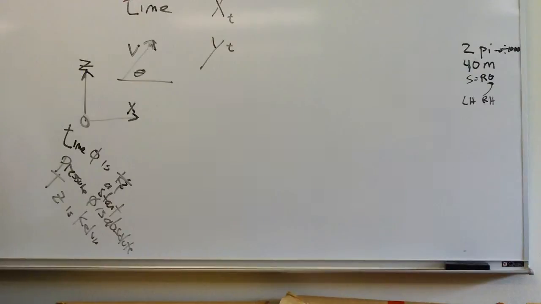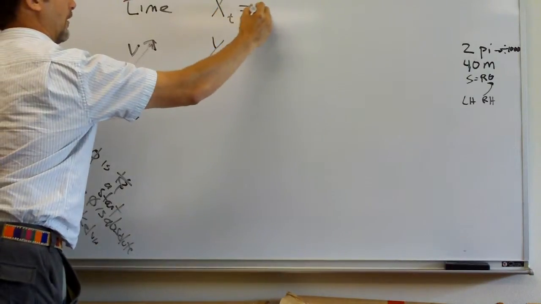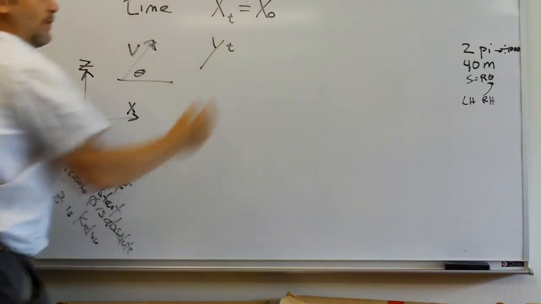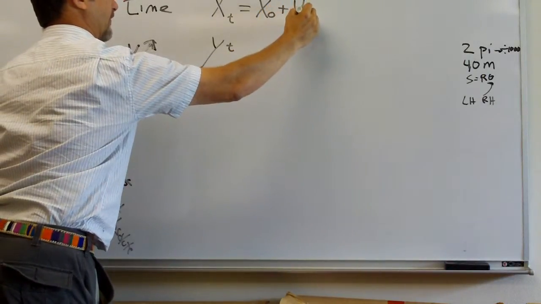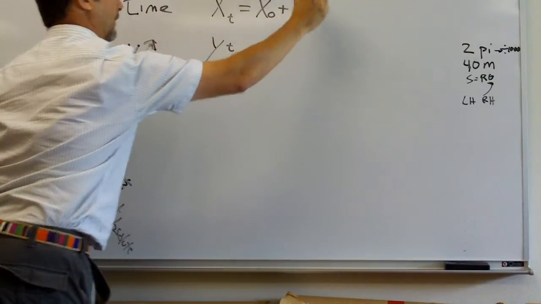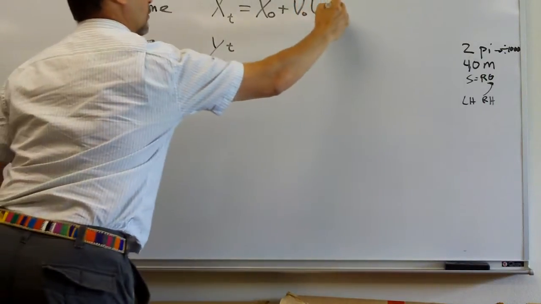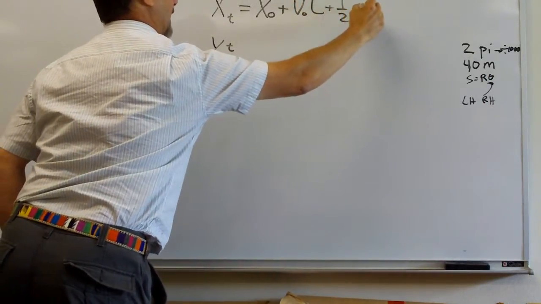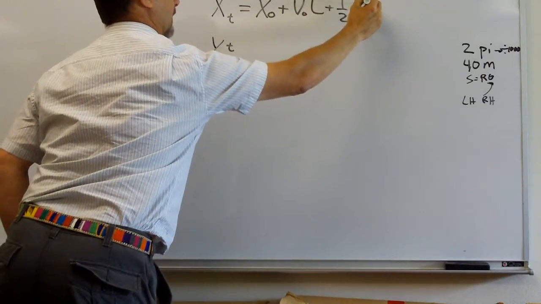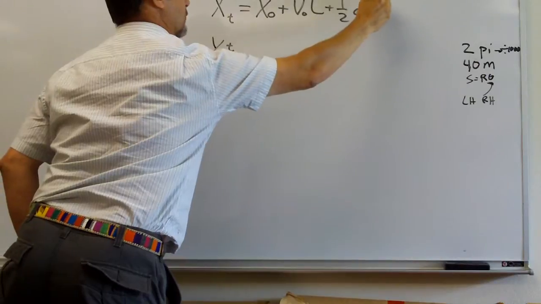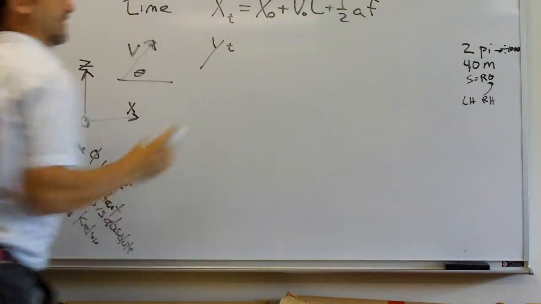Well, x will be where it starts, x at time 0, plus the initial velocity at time 0 times the time t, plus 1/2 a t squared, when we're talking about constant acceleration there.